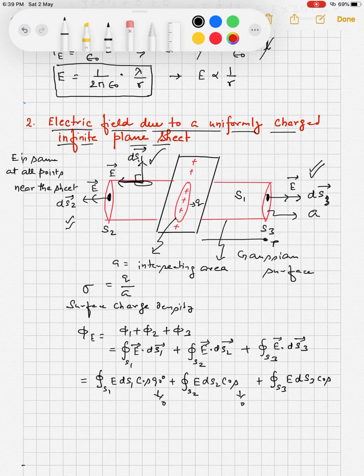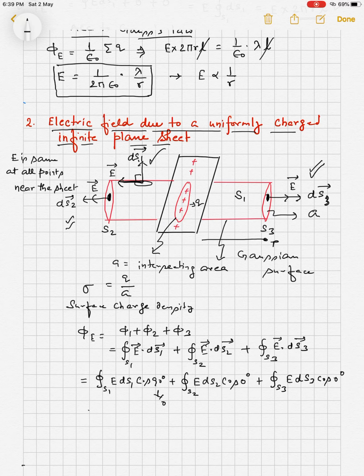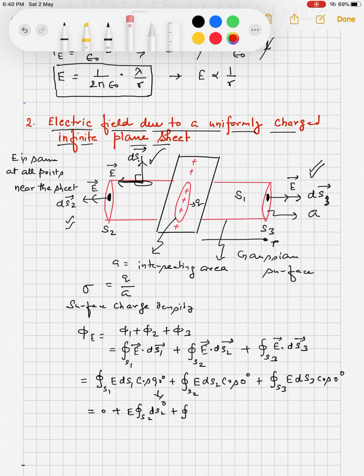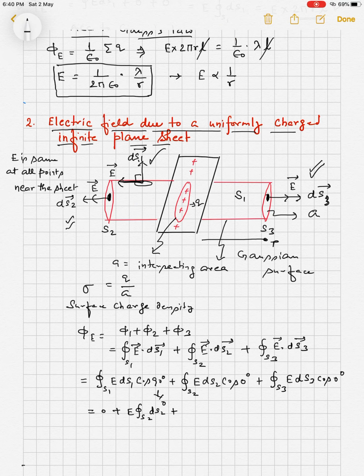So this cos 90 is 0, cos 0 is 1, so this term is 0, and we have E outside, the integral over S2 of ds2 plus the integral, taking E outside, over the surface S3 of ds3.